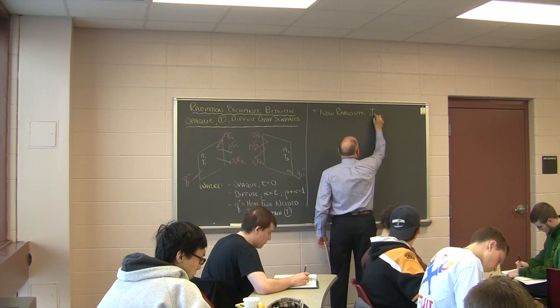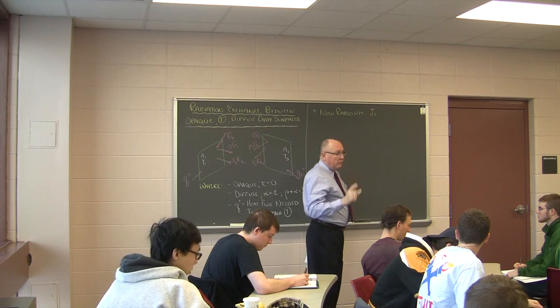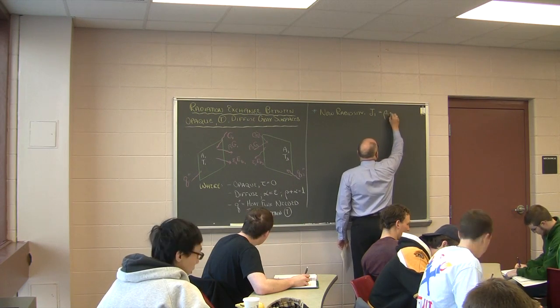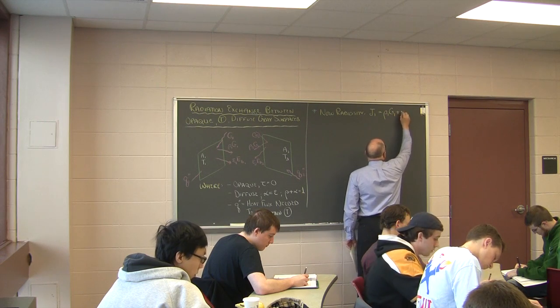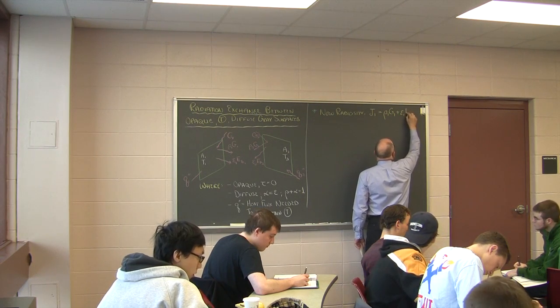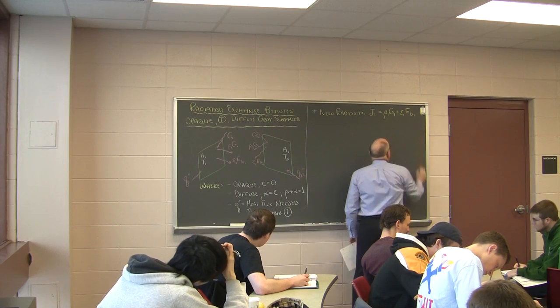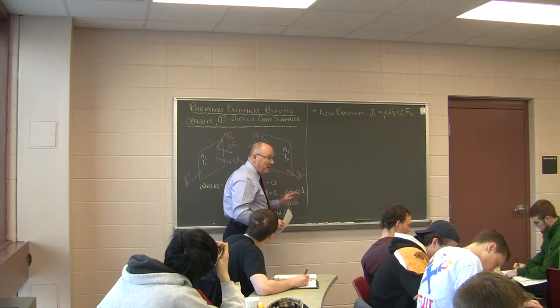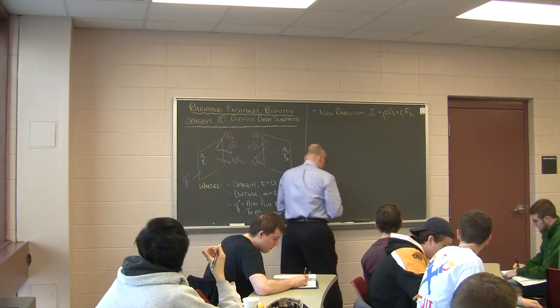Radiosity is J. J1 was everything which was leaving the body. So that would be equal to rho 1 times G1 plus epsilon 1 EB1. So that would be the radiosity of surface number 1.